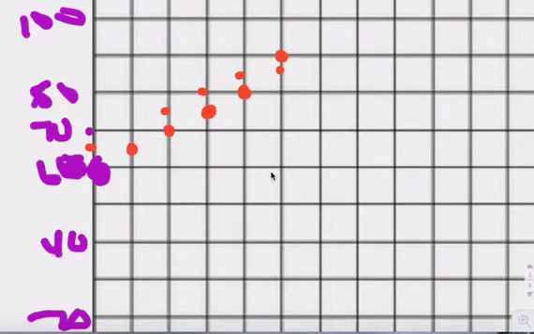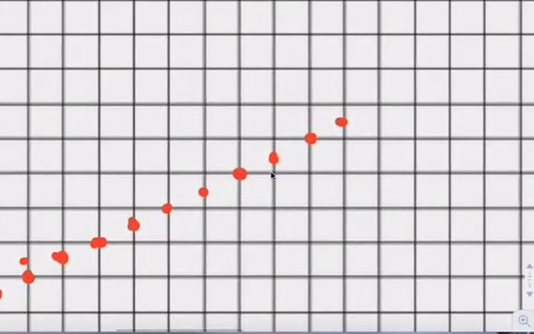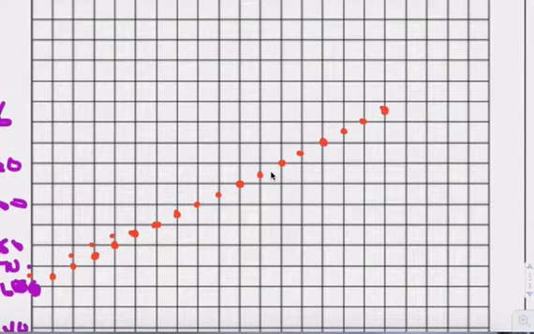Halfway is 5 because a whole is 10. Keep going, 5 over 1. There goes your line.